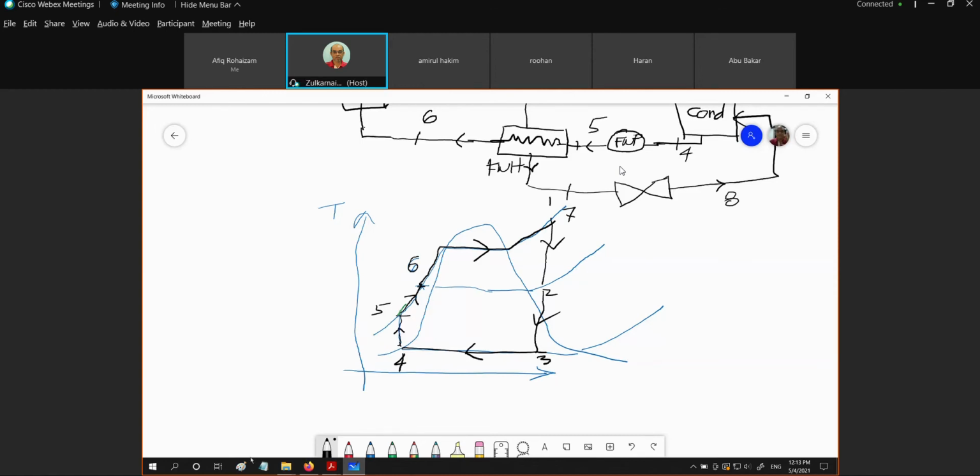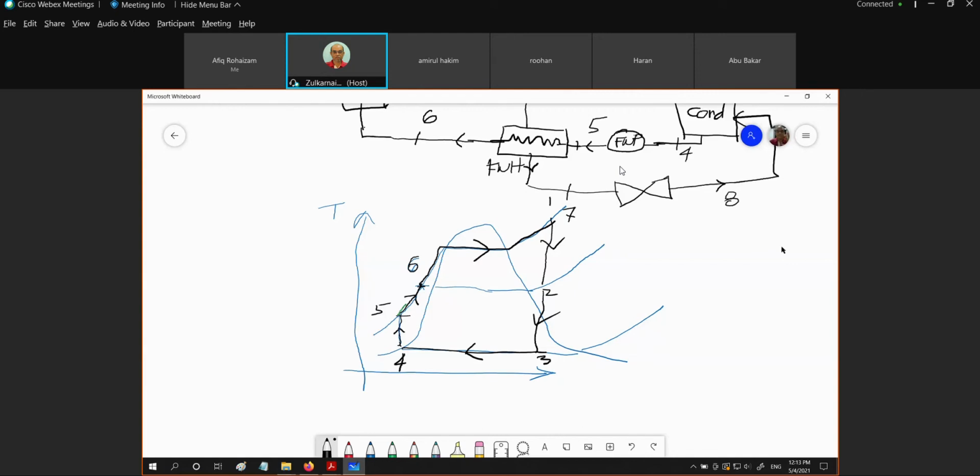And we have one more process, which is the throttling process from 7 to 8. What is 7? 7 is the saturated temperature or the condition of the Y steam, which is coming out from the feed water heater.